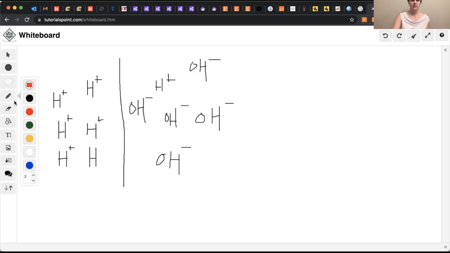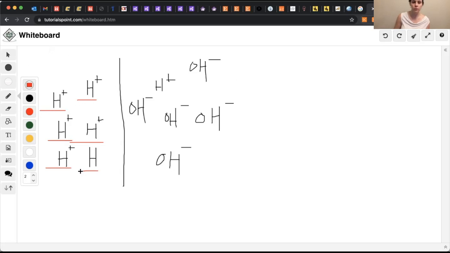So let's take a look at this example. This might be how you see an image on a test or on a practice question. Let's start by counting the hydrogen ions on the left. We have 1, 2, 3, 4, 5, 6, and no hydroxide ions, which means that the side on the left has a very high concentration of hydrogen ions.